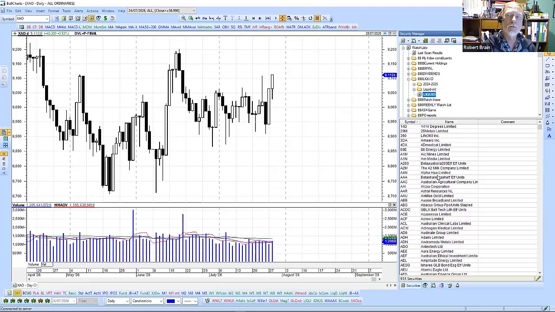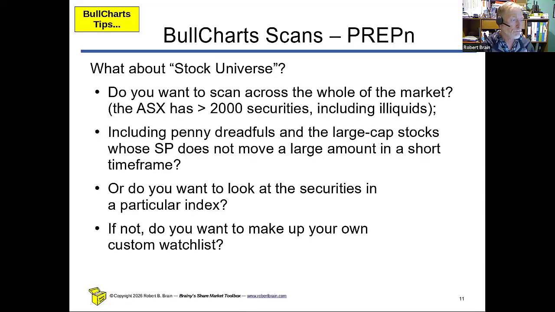And they are mid to large cap stocks that trade often enough, at least 50 times a day. They trade often enough to be what I call liquid. It's interesting because 5 years ago, there were only 550, 600 stocks, securities in that list. Today, there's, as it says there, 935. And that's what I scan across.